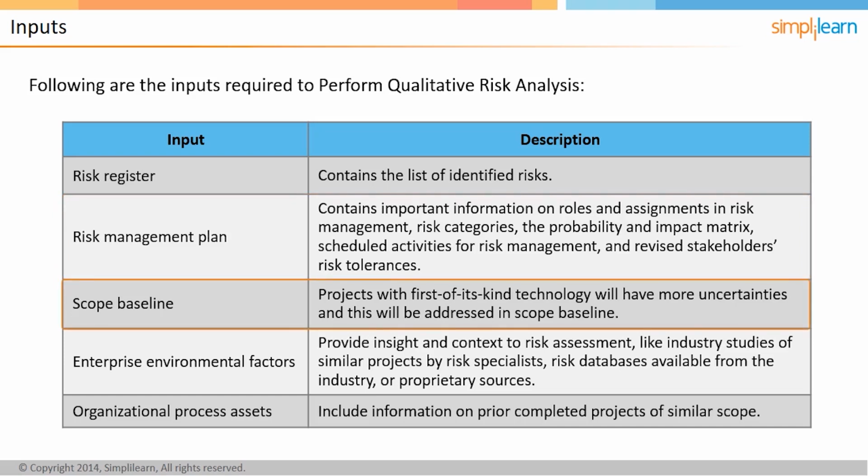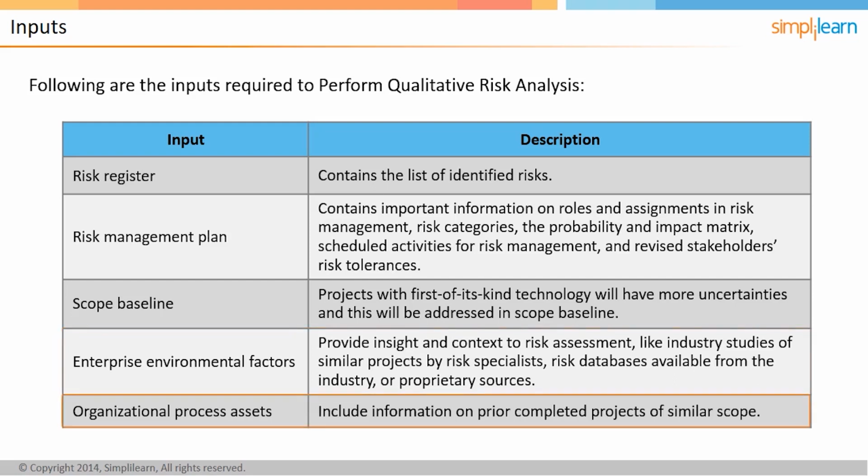This is because it gives an idea of the uncertainties of the project when it uses a technology which is new to the organization. Enterprise environmental factors provide insight and context to risk assessment, like industry studies of similar projects by risk specialists, risk databases available for the industry, or proprietary sources.